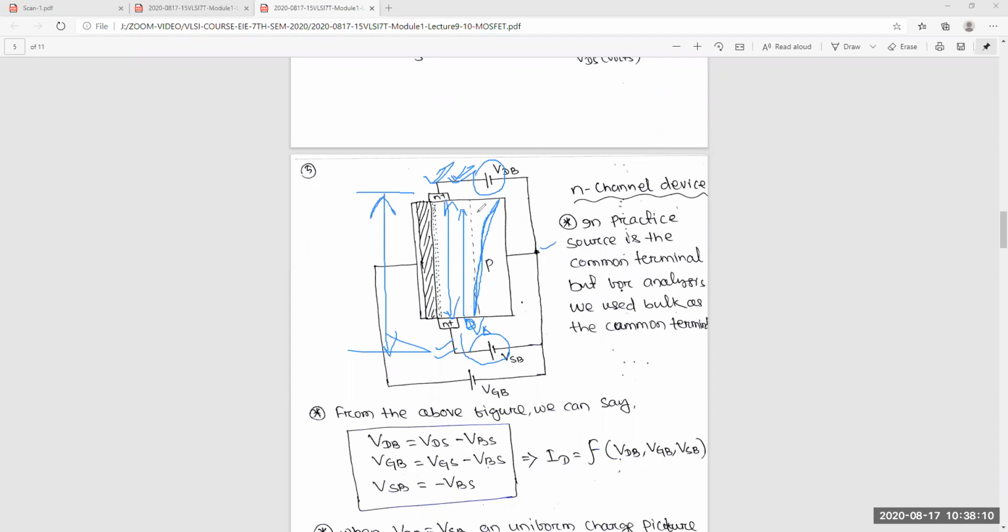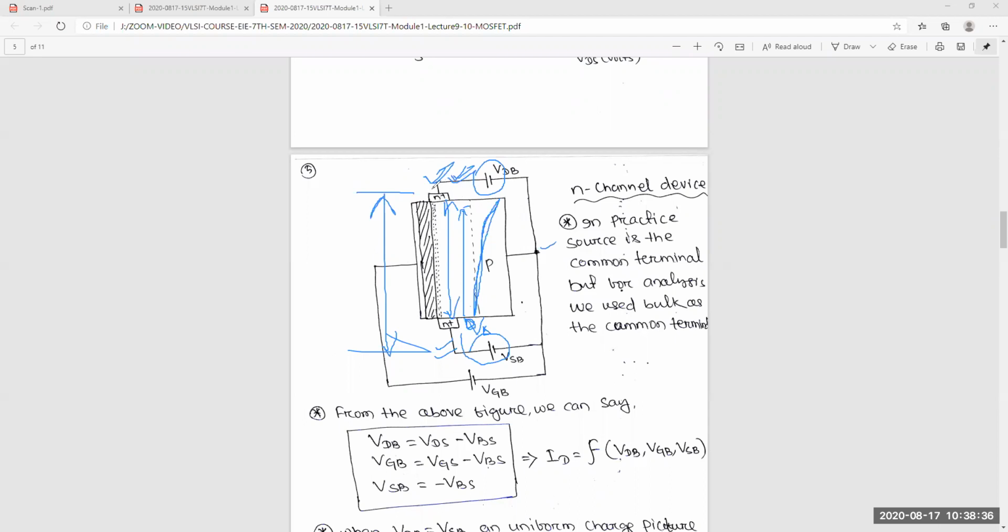Yes, sir. If the depletion region increases, then the negative charge due to the acceptor atoms will increase because the area is increasing. Already you have discussed this in the body effect. Area increasing. Yes, sir. That means here the inversion charge will decrease or not? Because the voltage is constant.